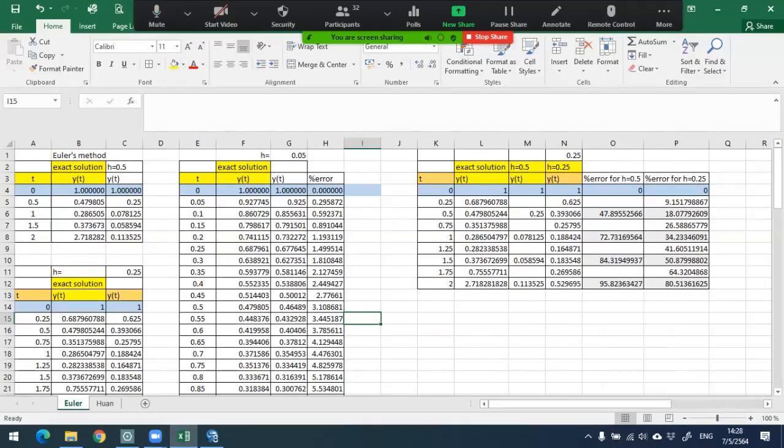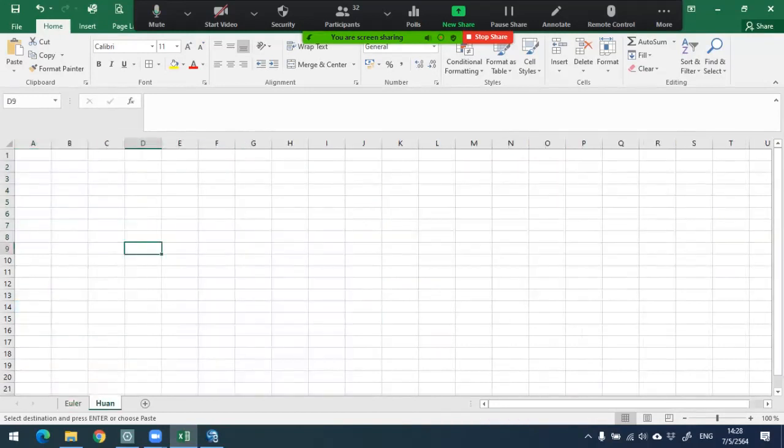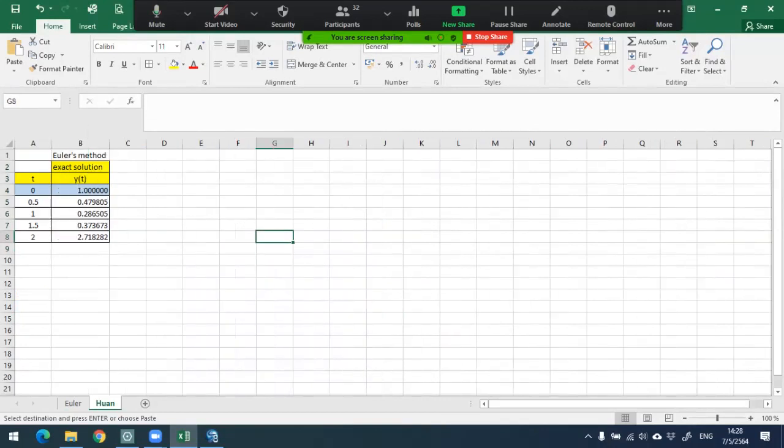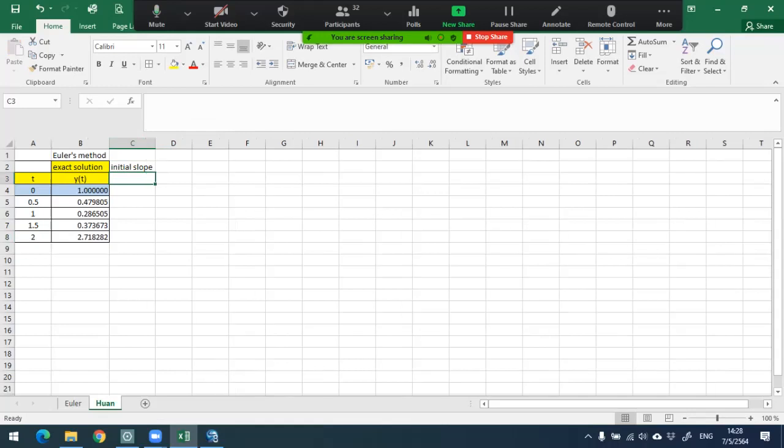Okay, this is for the Euler. I will copy the exact solution first. This is the exact one. So for Heun, we have to determine the initial slope, right? And then we will obtain the predictor.